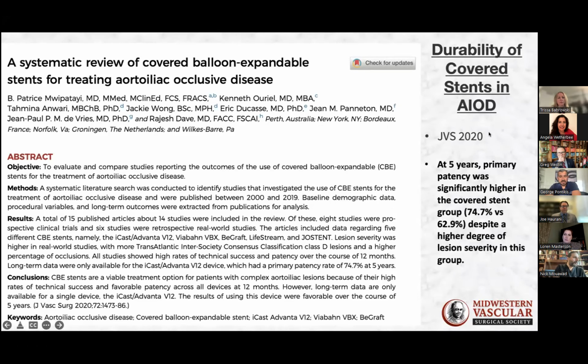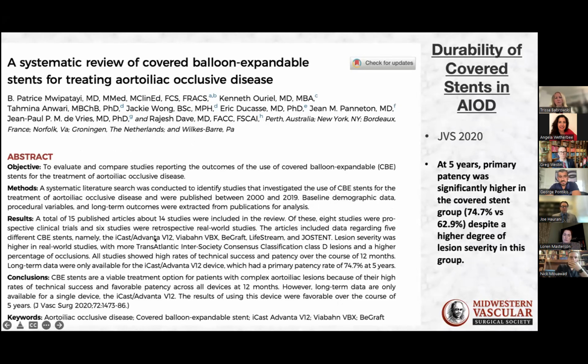This study from 2020 also illustrates that, where this was a meta-analysis that looked at studies in the literature, this one with 14 studies, and looked at all the covered stent grafts to assess all of them.